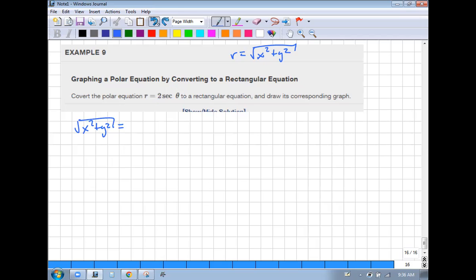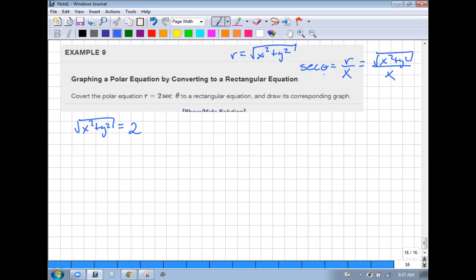Okay, what about secant theta? Secant theta, let's see, that's 1 over cosine. Cosine is x over r, so this would be r over x, right? So let me see, I have a 2 here. I need to get rid of secant theta, and I need x's and y's. Well, this says r's and x's. I know that r is the square root of x squared plus y squared.